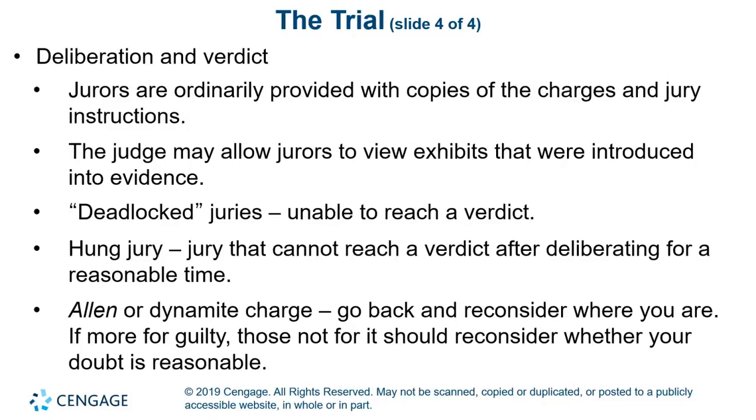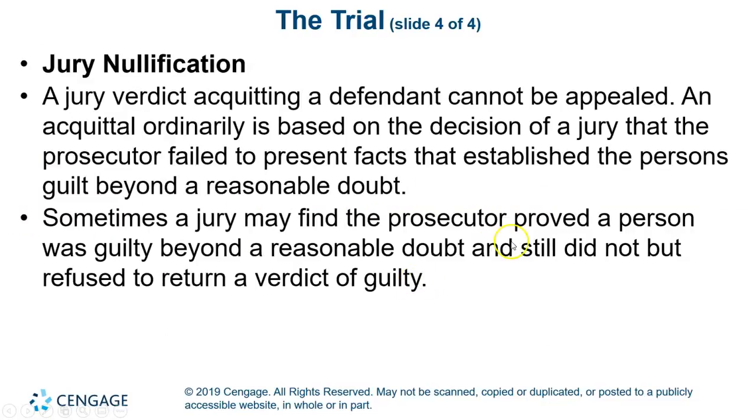A hung jury means that the jury cannot reach a verdict after deliberating for a reasonable time. So typically what will happen is you might have a hung jury first, and then the judge will send them back to keep deliberating. And if they just can't reach a verdict, then it's going to be a deadlocked jury, which means they just can't reach a verdict. So this is reasonable time. This is, hey, we've sat here for so much time and we just can't figure it out.